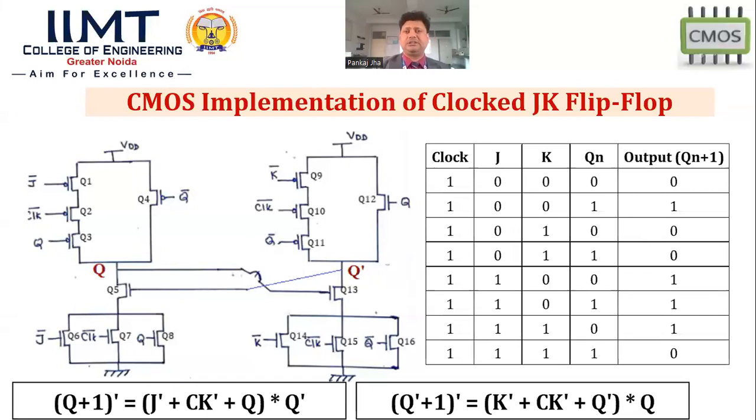To remove this condition, to improve the SR circuit, we implemented JK flip-flop in which the 1-1 condition, which was invalid in SR latch, is removed, and for the 1-1 condition the output will be the complement of the previous output. Okay, so that is known as toggle condition. So for the 1-1 condition, JK flip-flop produces toggle.